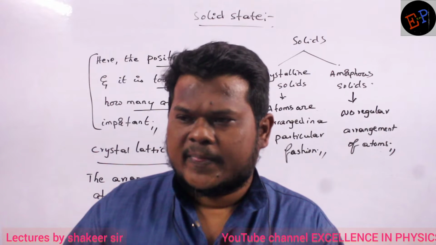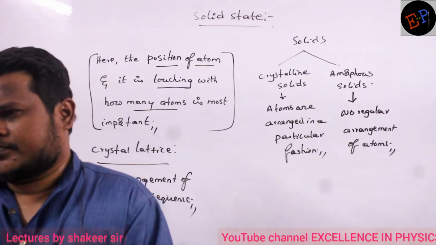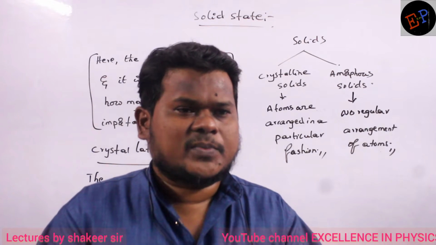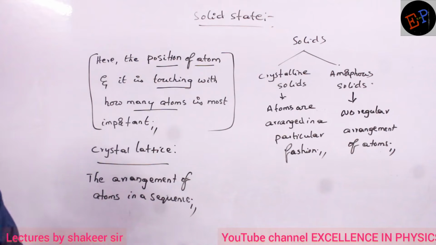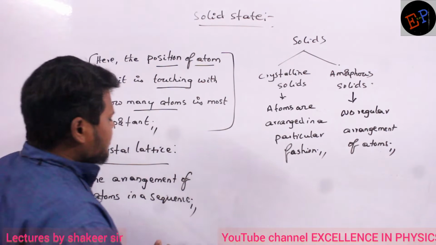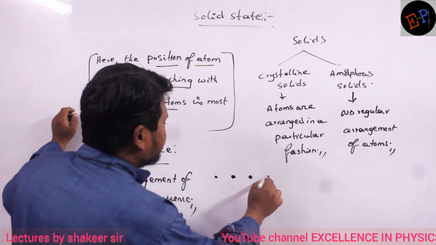Lattice means the arrangement of atoms in a particular fashion. In a crystal, atoms are arranged in a particular fashion. That fashion of arrangement is nothing but crystal lattice. For example, you can take this kind of arrangement.